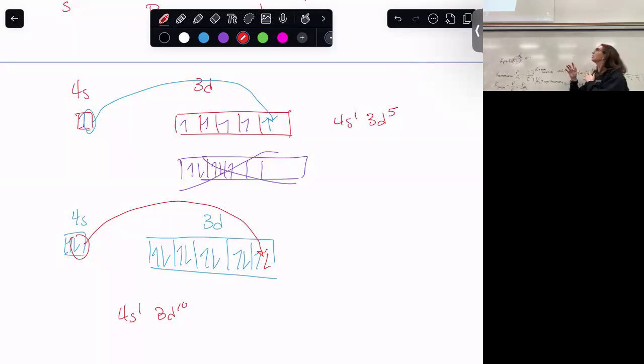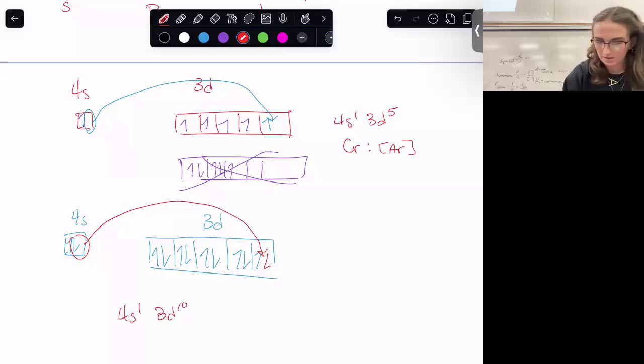Does that make sense? So this only occurs in those columns on the periodic table. The first instance of that is chromium. Chromium, if you were to write its electron configuration, is argon, right, for doing noble gases, 4s2 3d4.